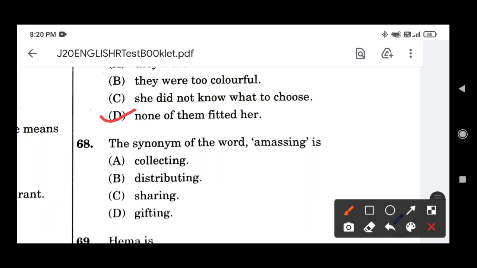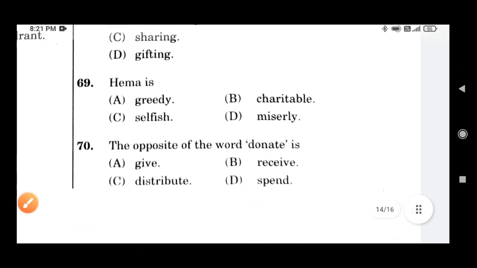What is another meaning of the word amazing, or what is the equivalent of the word amazing? What is the answer, friends? The answer is collecting. So your answer is collecting. Okay, and now come to the next question.